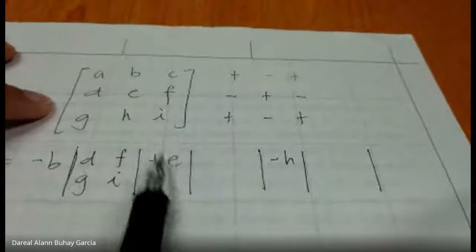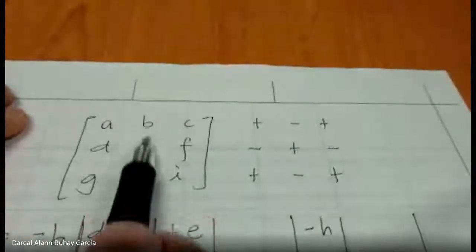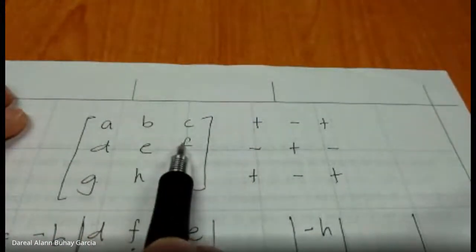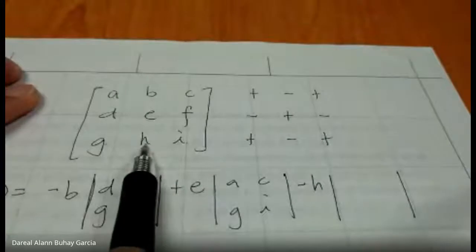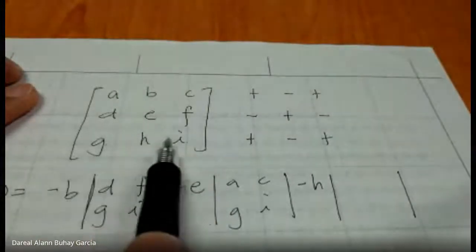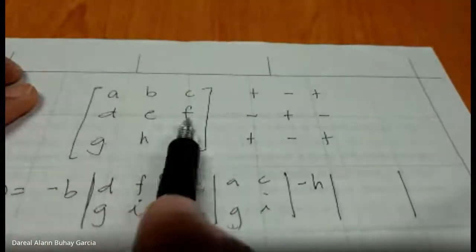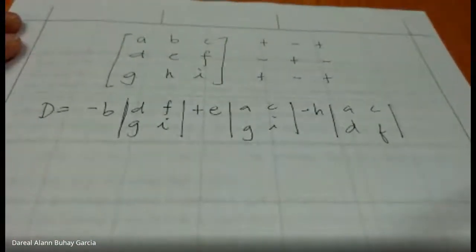Kay E, tungod siya ang pinakatunga, muna iyahang column, muna iyahang row, yung submatrix is si A, C, G, ug I. Last, si H, muna yung column, muna yung row: A, C, D, ug F. And the usual way, ang pagpangita sa determinant sa mga submatrices.